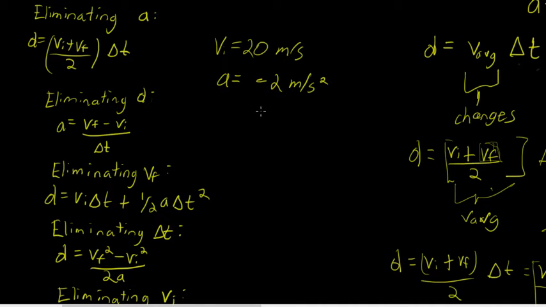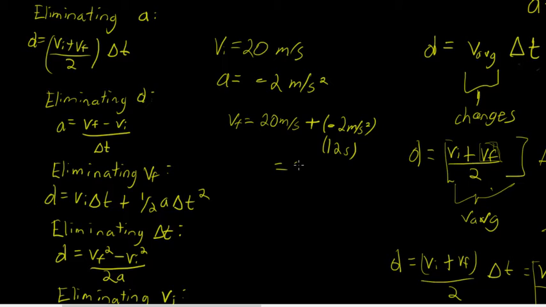So in 12 seconds, how fast will you be going? Well, in 12 seconds you'll be going at 20 meters per second plus the acceleration, so plus -2 meters per second squared, times 12 seconds.